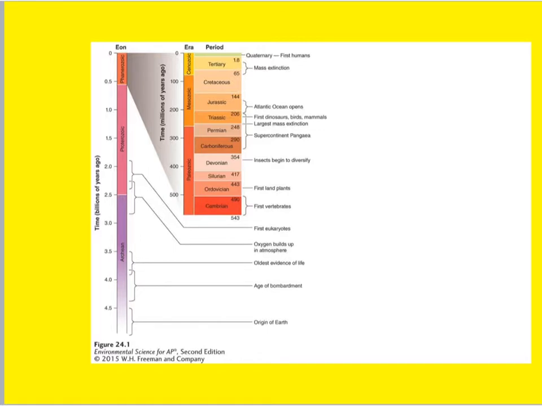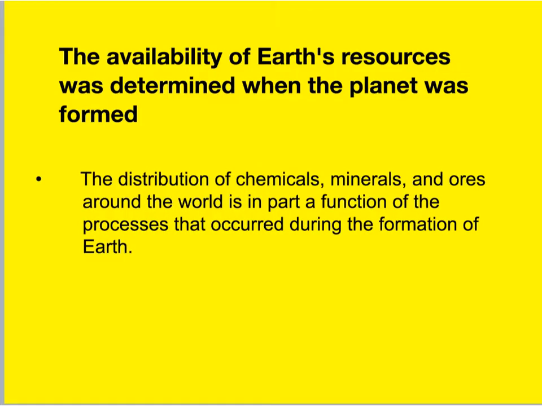Because Earth's elements settle into place according to their mass, the planet is characterized by distinct vertical zonations. And knowing that this created the unequal distribution of elements, we can say that the distribution of chemicals, minerals, and ores all over the world is part of a function and the process that occurred during the formation of the Earth, and is relative to that element's mass. Okay?